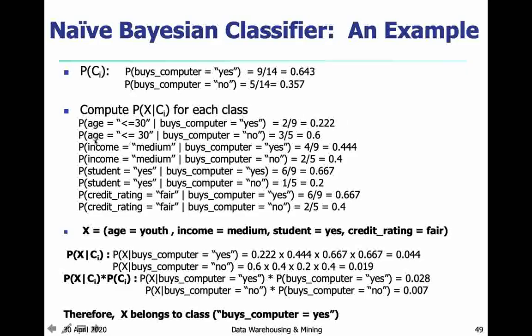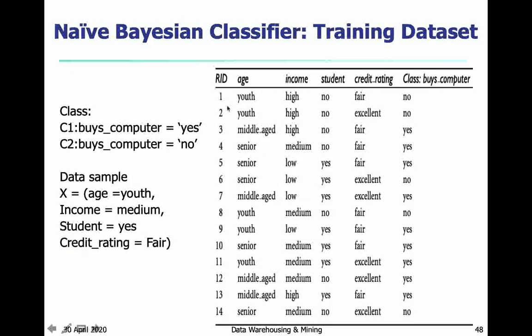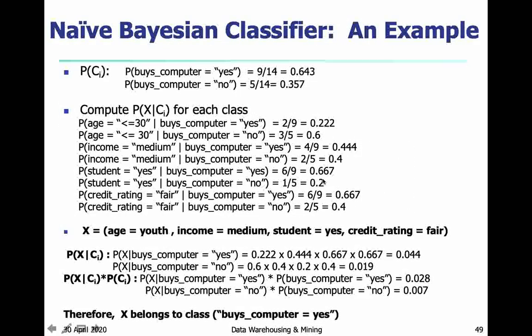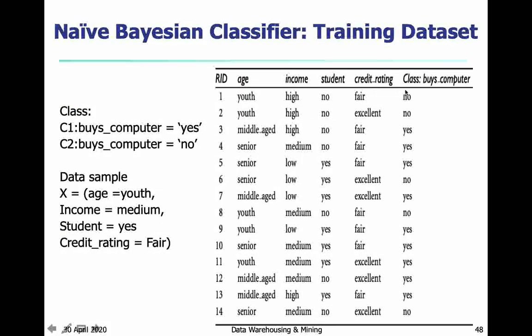Similarly, age is youth, buys computer is no: 1, 2, 3. This is 3 by total number of no, which is 5. So this is 3 by 5. Is it clear?